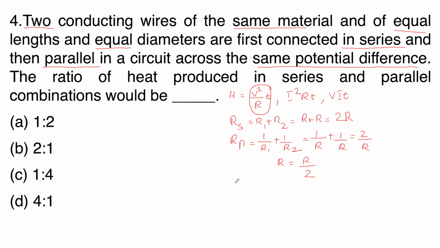We can apply in this formula. Potential difference is same in both cases. So V square by resistance in series, it is 2R, into T, divided by V square by R by 2 into T. Okay, so the V square T everything will be cancelled.